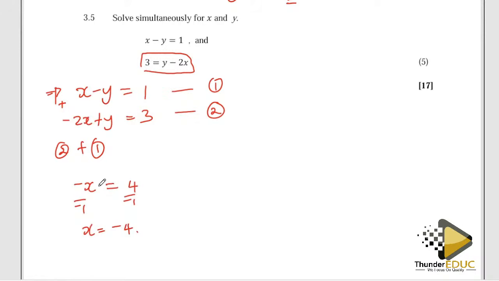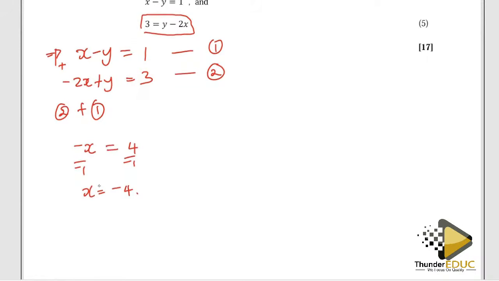Then take this -4 and replace it in equation 1. So -4 minus y should give us 1. Then we can transpose, move this to that side, which means -y is equal to 5, which means y is -5. That is how we would have gone about that if you have to use elimination.